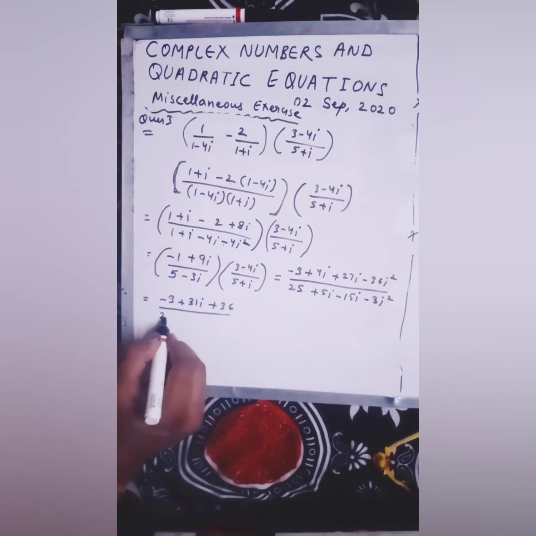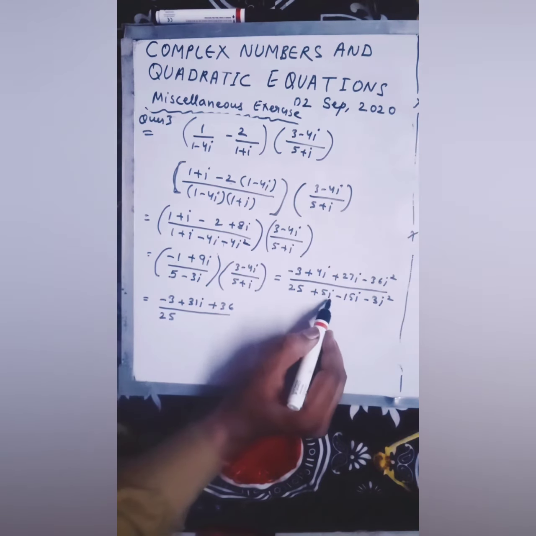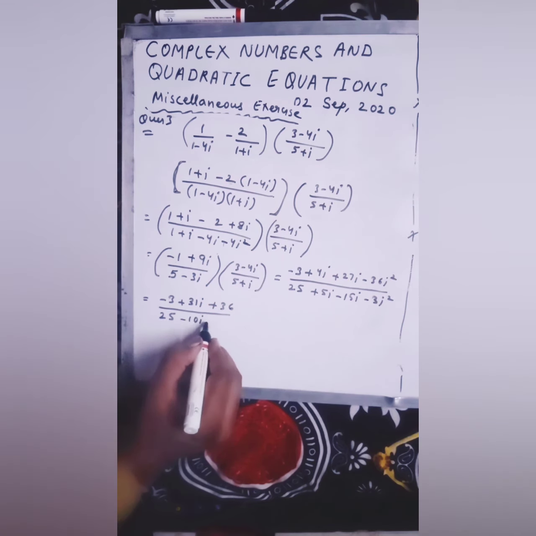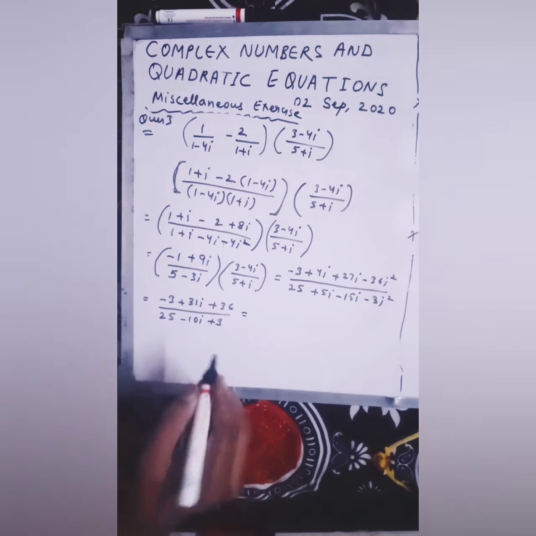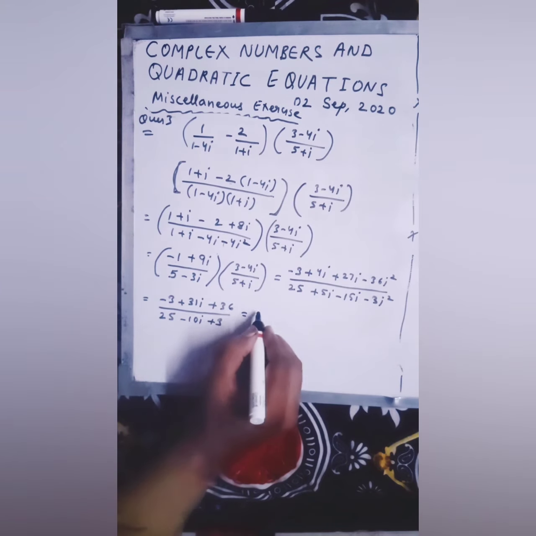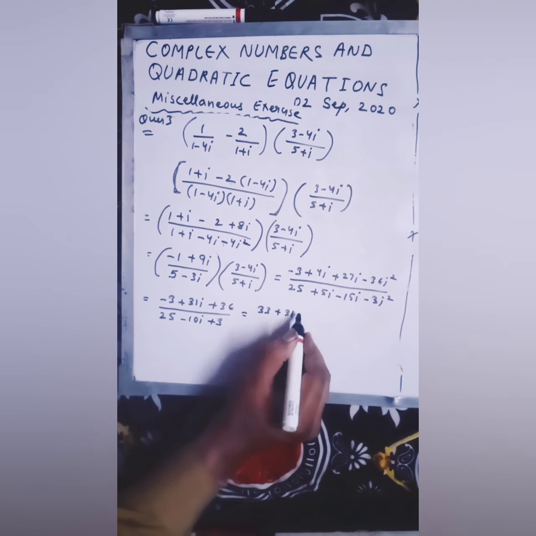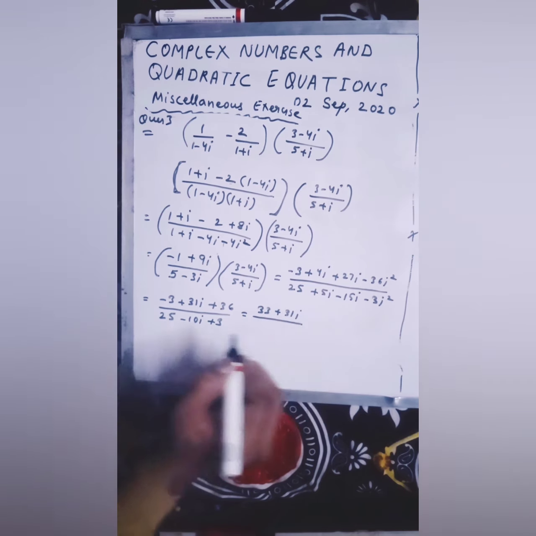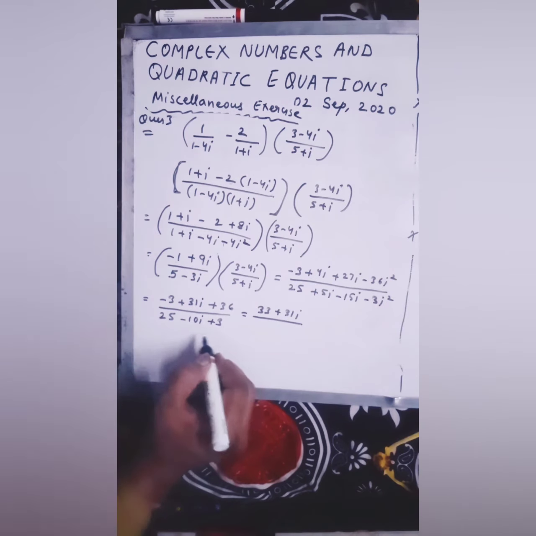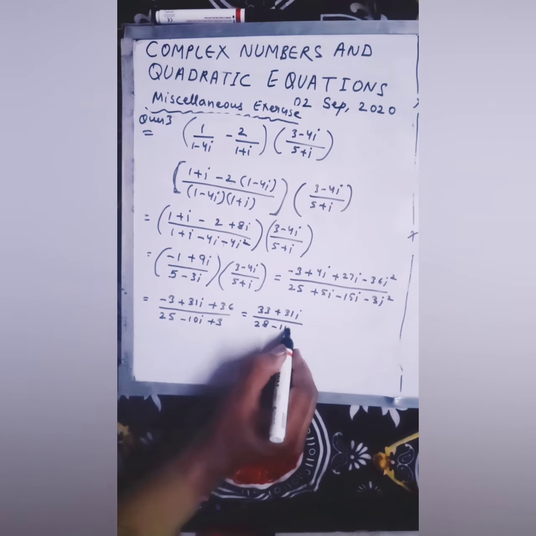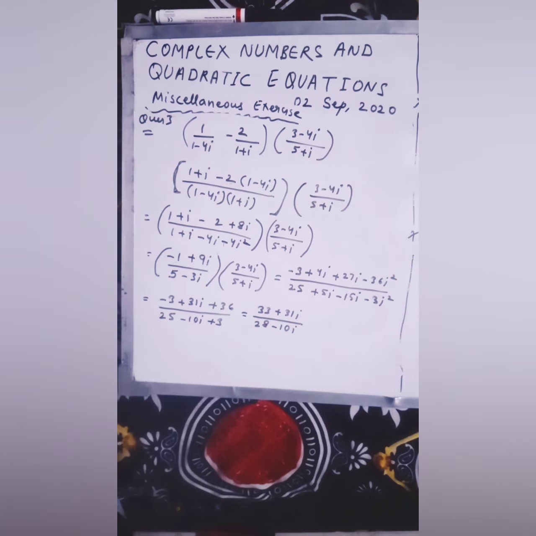So here you have to write 25, 5 iota minus 15 iota would be minus 10 iota, and in the last you will get plus 3. So you will get 33 plus 31 iota over 28 minus 10 iota.